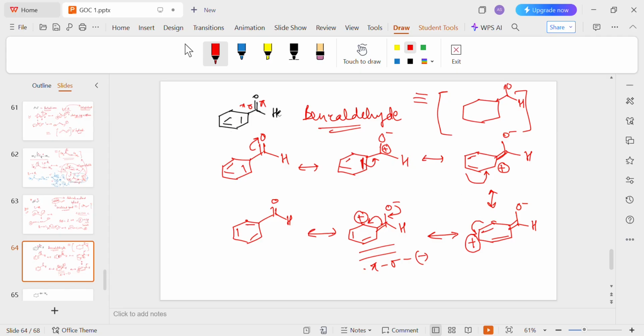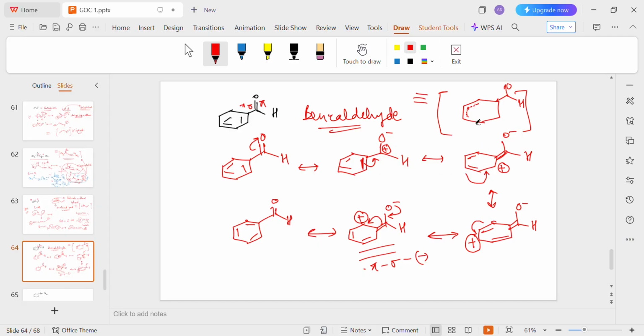Let us see here. I have drawn with dotted lines. Now next you have a pi density here also, so let us join this dotted line through this bond also. Now next let us see what's the status of this bond. This bond is also a double bond. You have a double bond character development here in this structure, here in this structure.